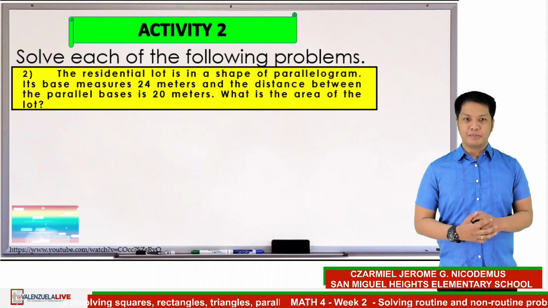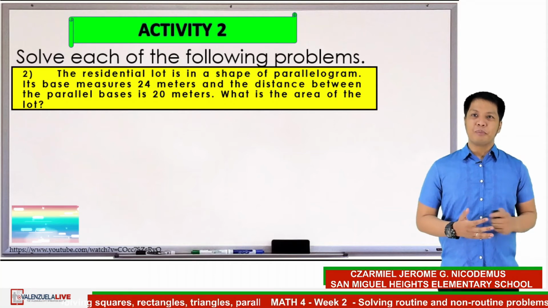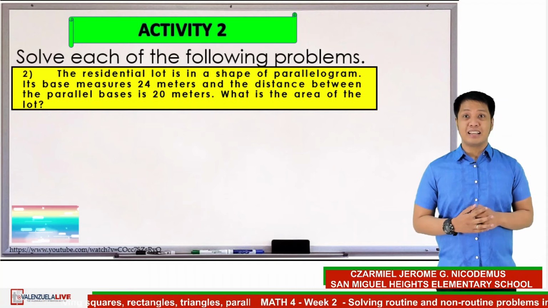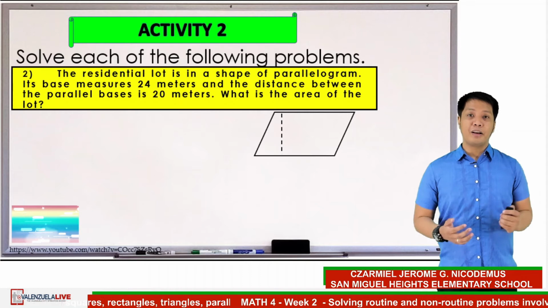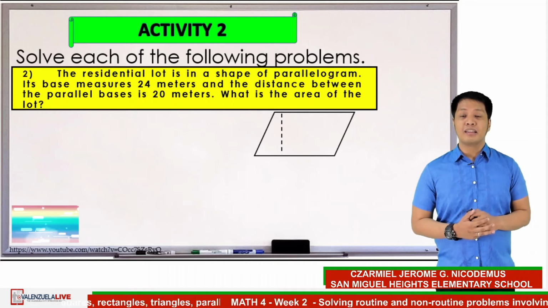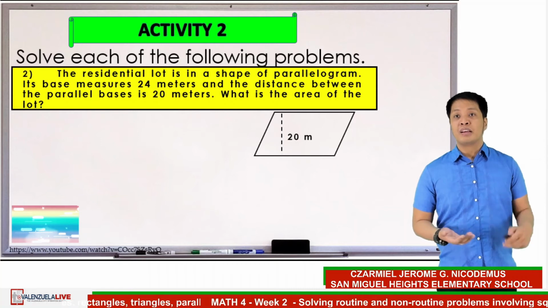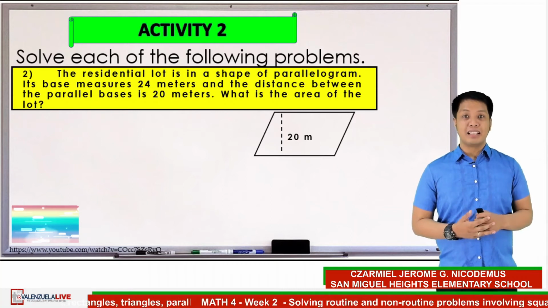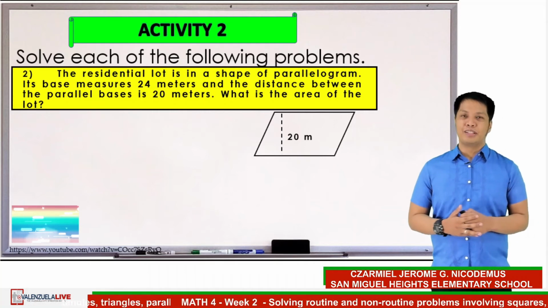Again, we can solve this problem by drawing an illustration. The shape of the residential lot is a parallelogram. To find the area of a parallelogram, we need the distance between the parallel bases, which is the height, 20 meters.